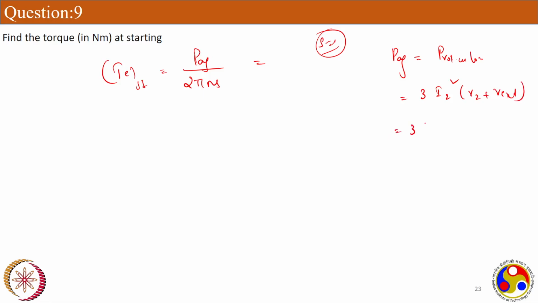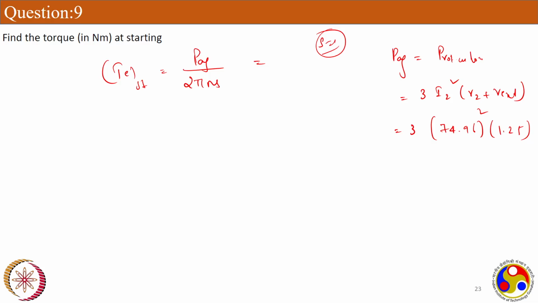Now the rotor current we have calculated, that is 74.96 square multiplied by 1.25, multiplied by 3.